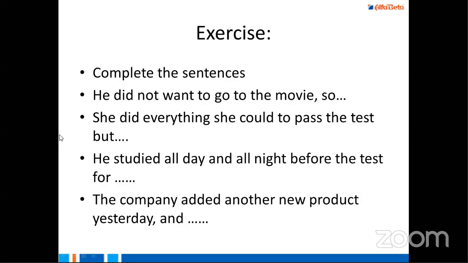Those of you who are tuned in, please try to complete these sentences. Remember, you have to use a complete clause.